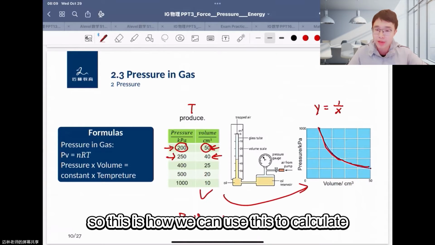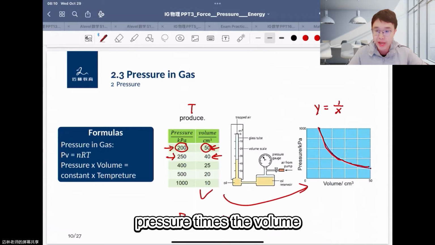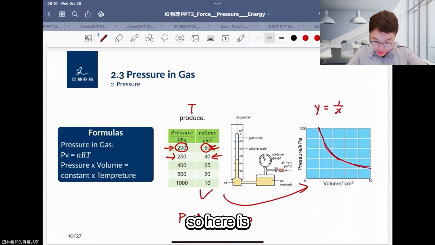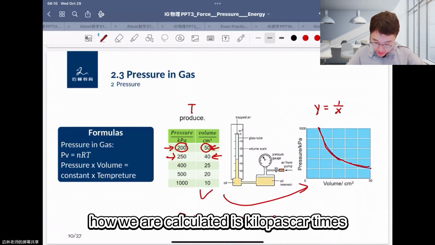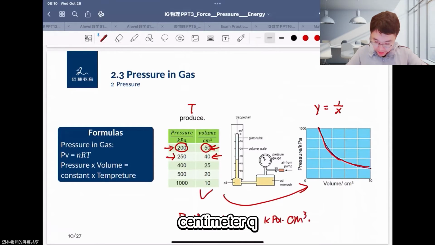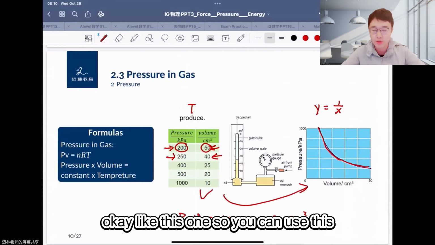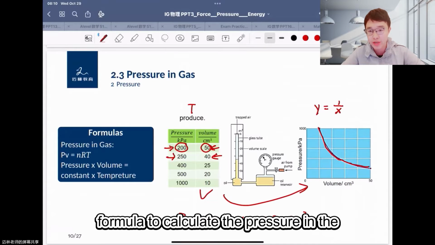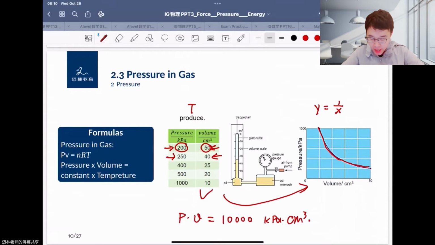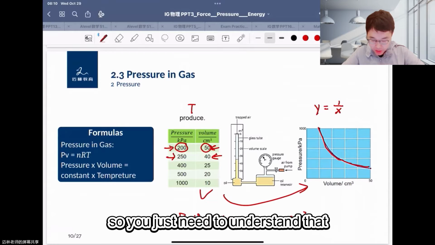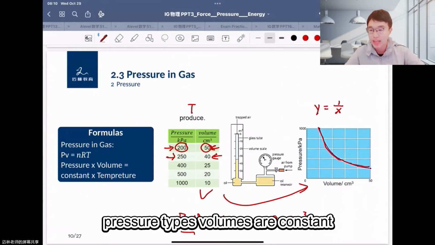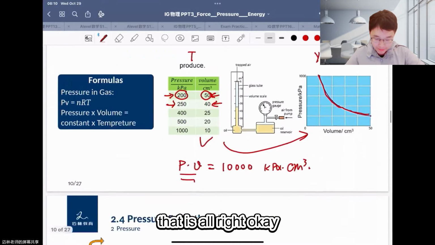So this is how we calculate kilopascal times centimeter cube, and you can use this formula to calculate the pressure in gases. You just need to understand that pressure times volume is a constant. That is all.